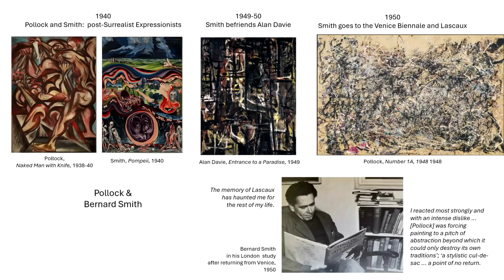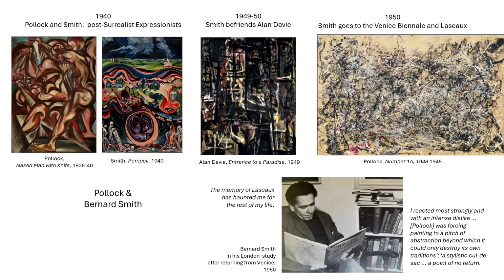He saw it as the end of art, a stylistic cul-de-sac, a point of no return. And so Pollock haunts Bernard. Bernard writes the first history of Australian art, and this haunting runs through it. We'll see in a minute when we look at the exhibition that Bernard Smith did. His target is Pollock, basically to put Pollock down.